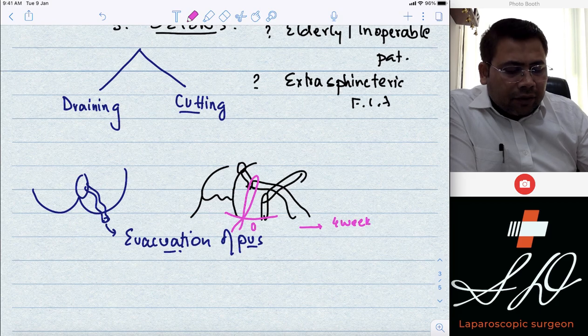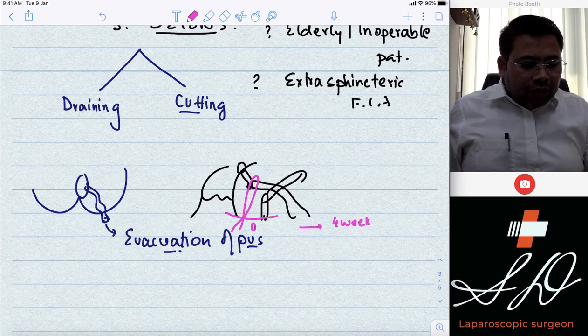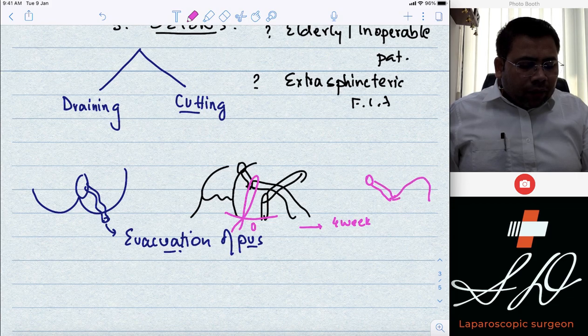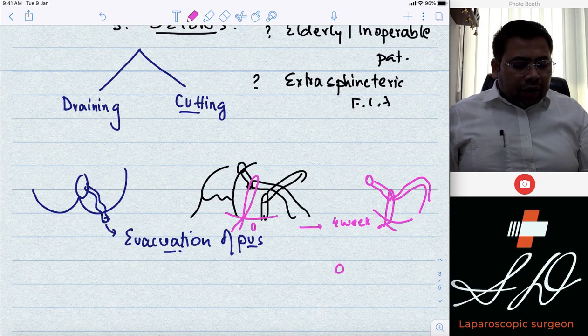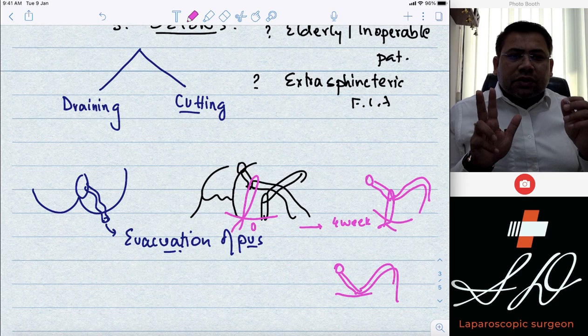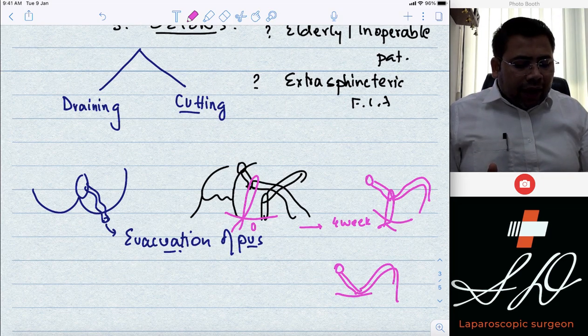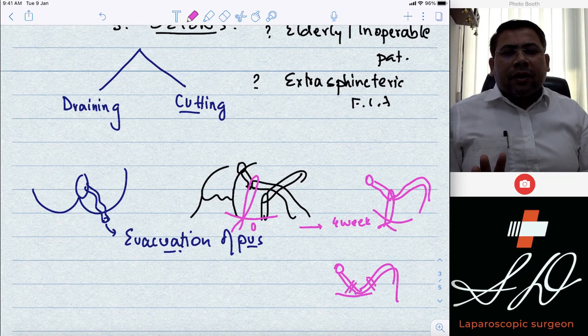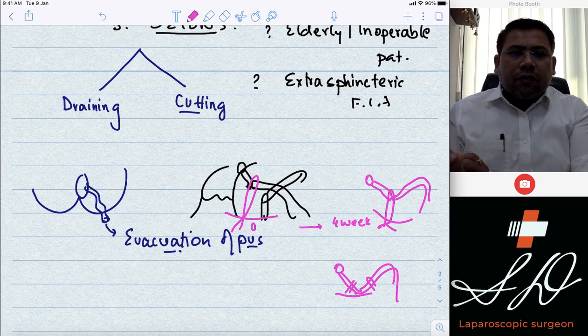After 4 weeks, when you have tightened the suture, this suture will bring the tract a bit down. Again you will tighten it, and keep on tightening until this tract comes close to the skin, and then you can just cut and operate it. This is the principle of cutting seton.